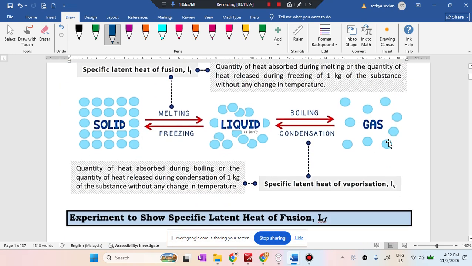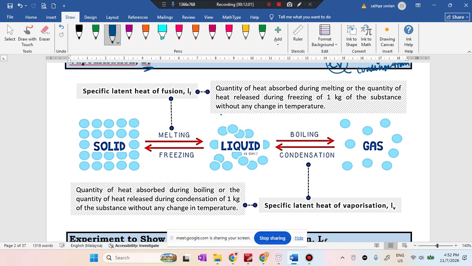Okay, jadi kita banding dan beza sikit specific latent heat of fusion LF dengan LV, specific latent heat of vaporization. Yang dua-dua pun kita pakai specific latent heat. Maksudnya quantity of heat absorbed during melting. Definition yang sama, just dia dah mention fusion secara spesifik kan.